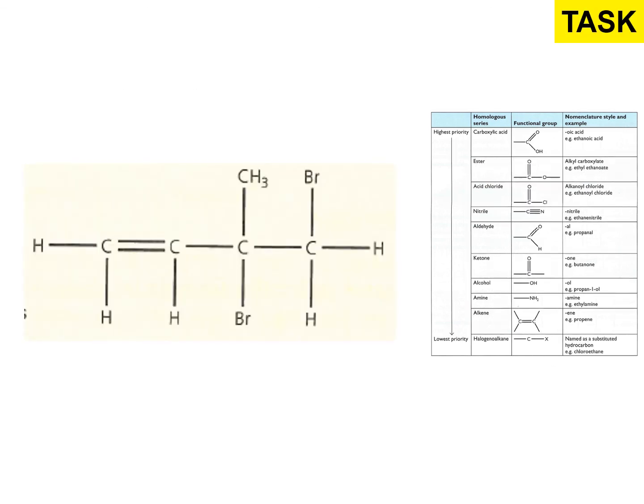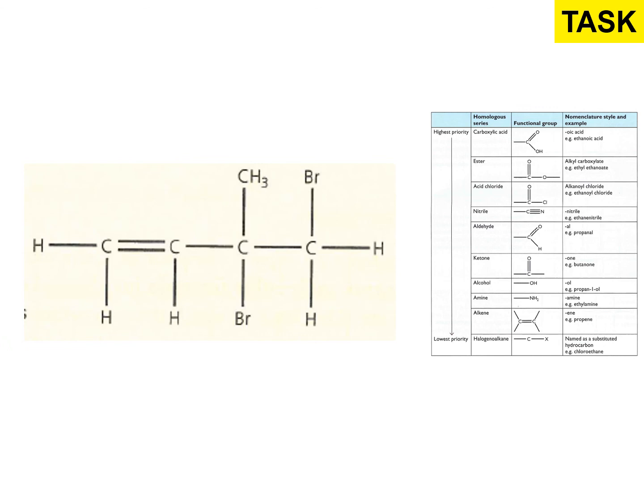If we look at the next molecule, we have a branch and we have bromo groups and an alkene. I'm going to start by naming the alkene, and I have 4 carbons, so that's going to be but-, and the double bond is between carbon number 1 and number 2, so it's going to be but-1-ene.